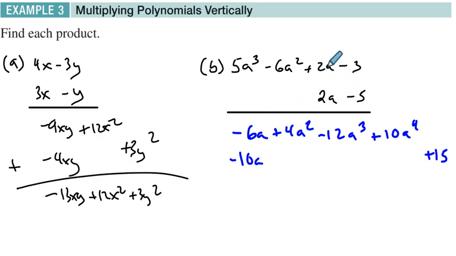Negative 5 times negative 6a squared is a positive 30a squared. And negative 5 times 5a cubed is negative 25a cubed.